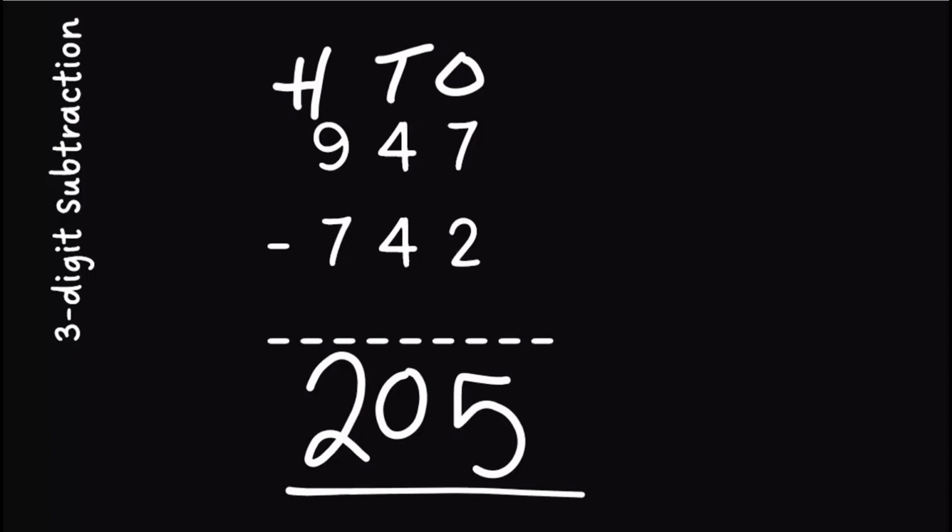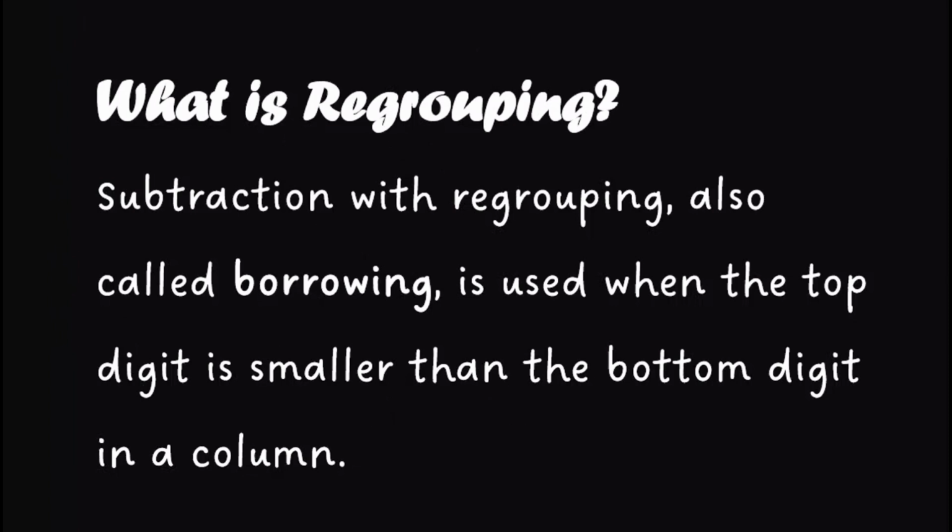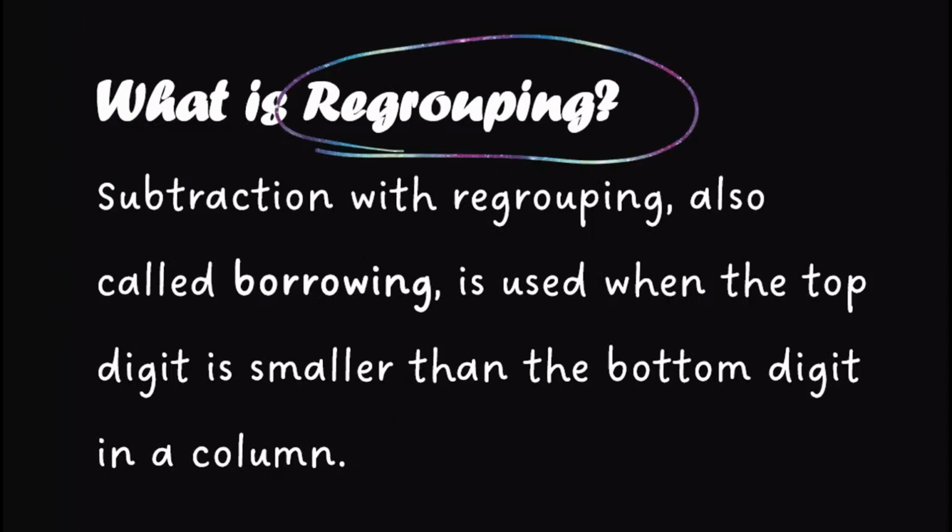So now we have discussed the subtraction without regrouping. Now we will move on towards the concept of regrouping. So what is regrouping? Subtraction with regrouping, also called borrowing, is used when the top digit is smaller than the bottom digit in a column.